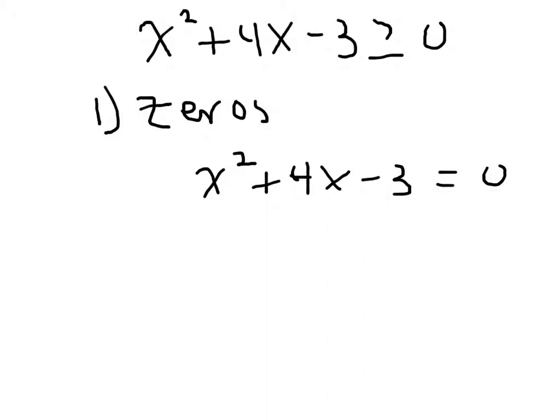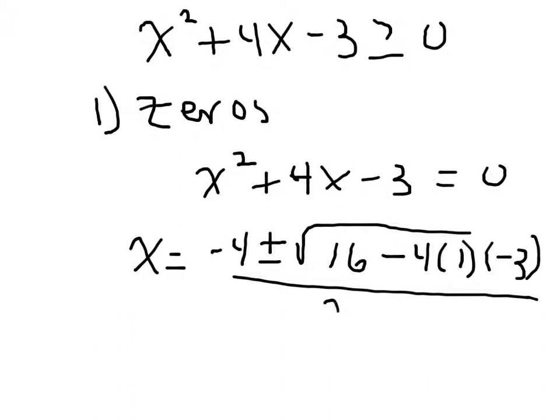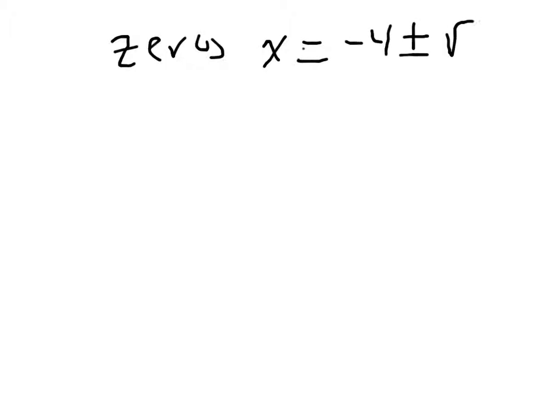Because this quadratic doesn't factor, we're going to use the quadratic formula. We got x equals negative 4 plus or minus the square root of b squared, which is 16, minus 4 times a times c, all over 2 times a, so 2 times 1. All right, so simplifying, we're going to get the zeros to be x equals negative 4 plus or minus the square root of 16 plus 12, divided by 2.